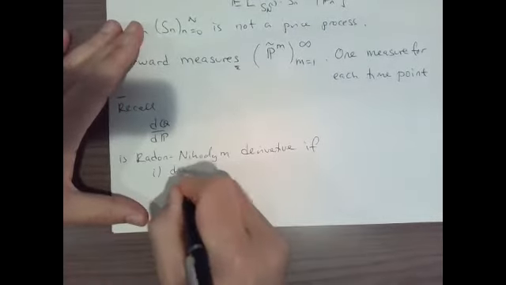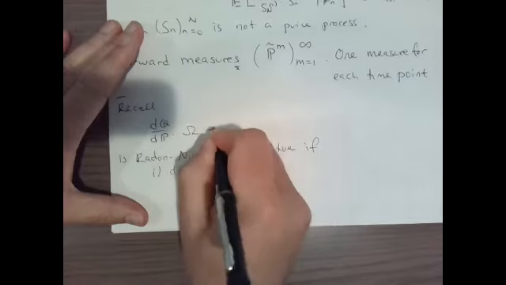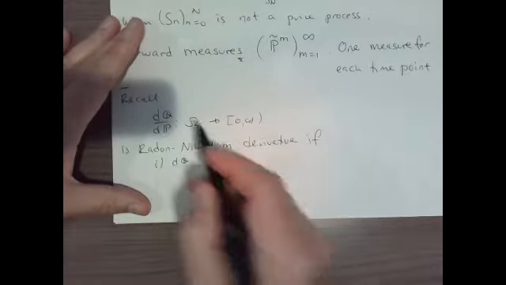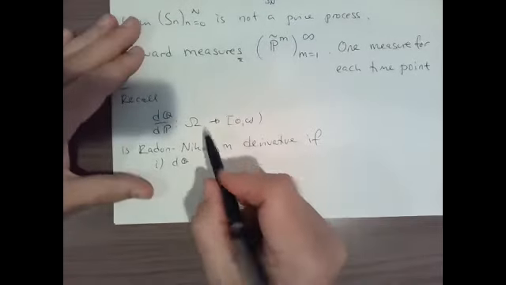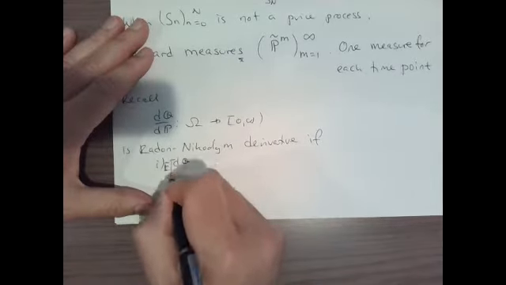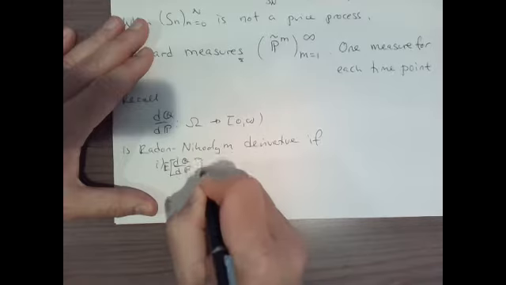The first one is that it goes from omega to the positives. It's a random variable. I need the expectation of it to be 1.